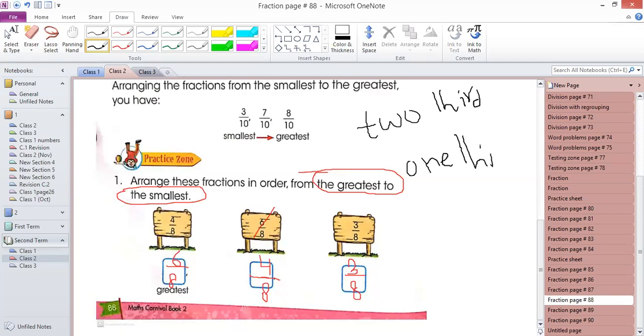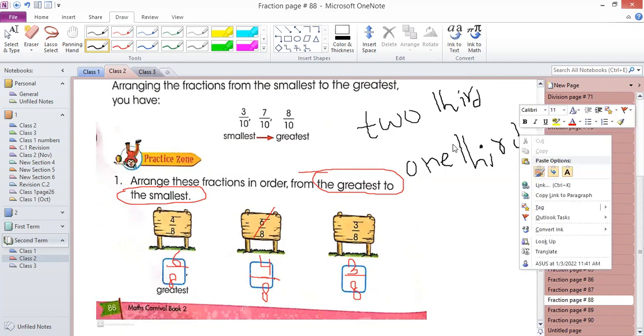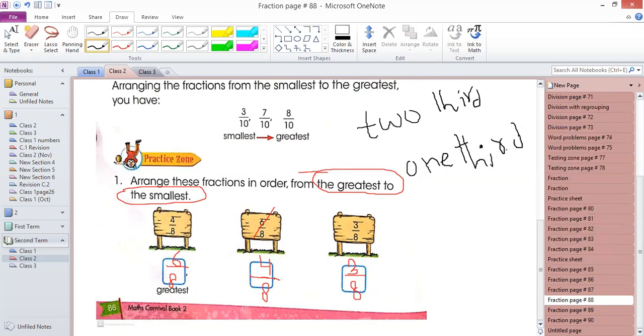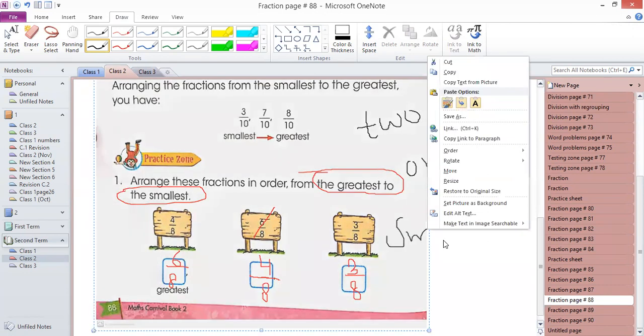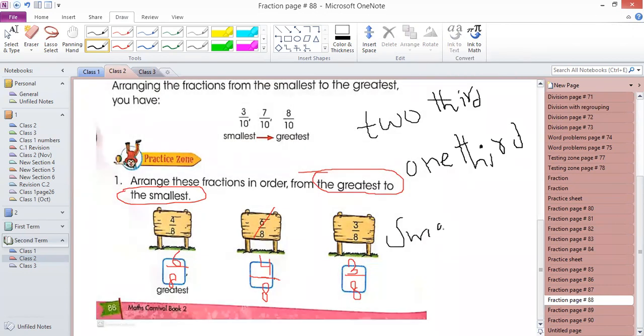Yes, guys, which is smaller, 2/3 or 1/3? This is what you have to tell me.